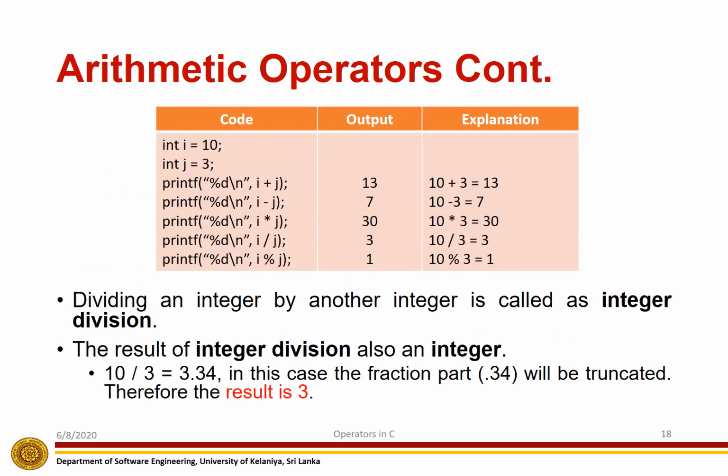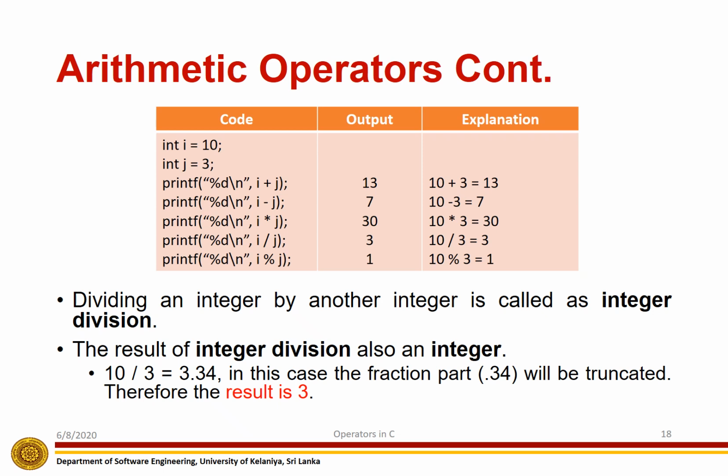In the slide, you can see an example block of code. The variables are declared and initialized as int i equals 10 and int j equals 3. So both are integer data type variables. For printing, the format specifier must be %d.